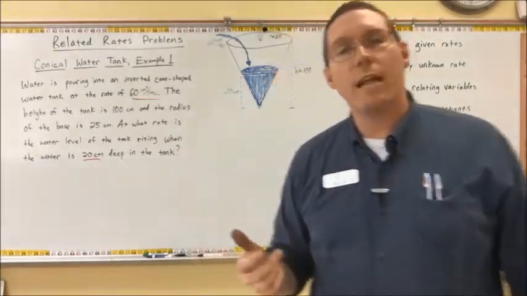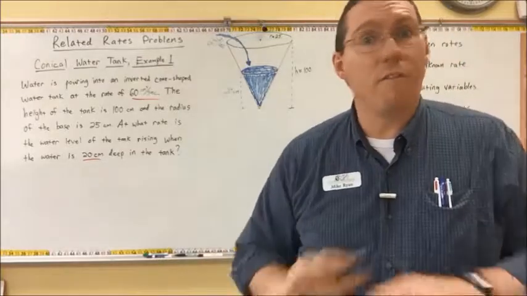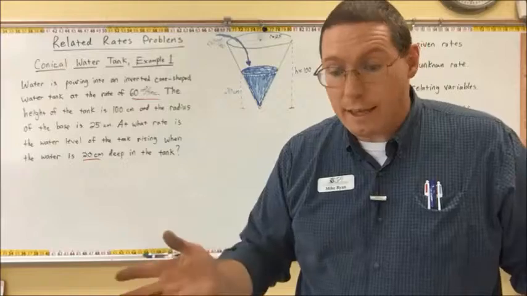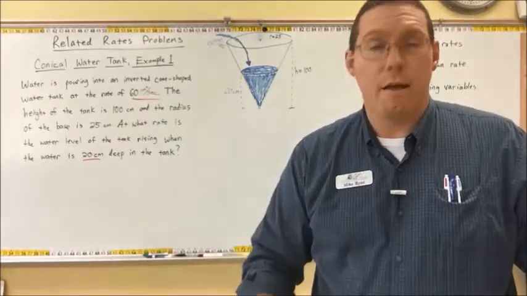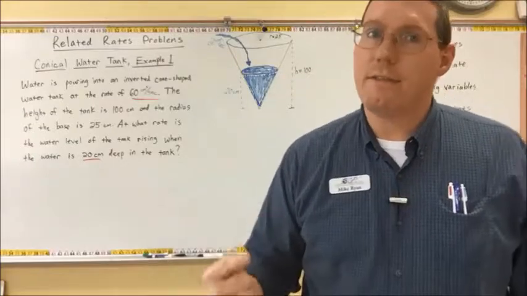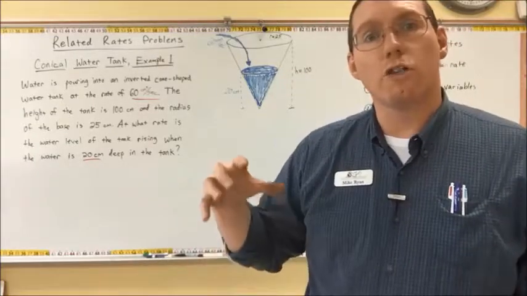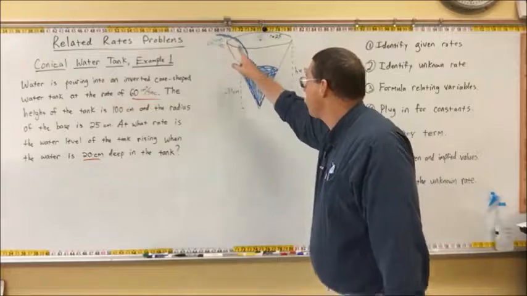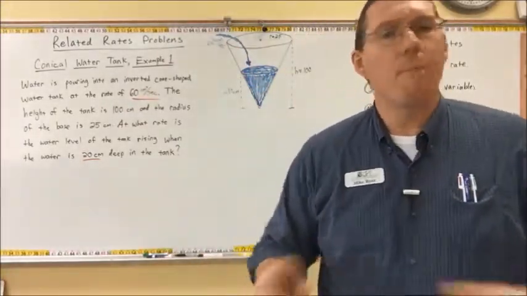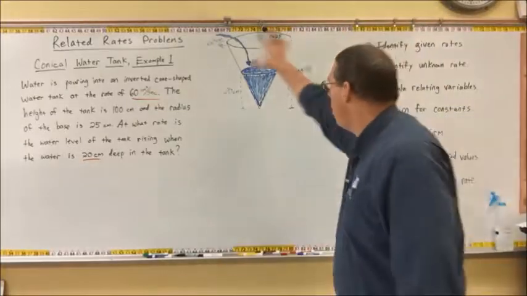And what you need to understand is the tank itself is not changing. The tank is a fixed size. But the cone of water that is in the tank is changing. It is getting larger and larger as water pours in. So really, the cone we're going to be dealing with here is not the cone of the water tank.